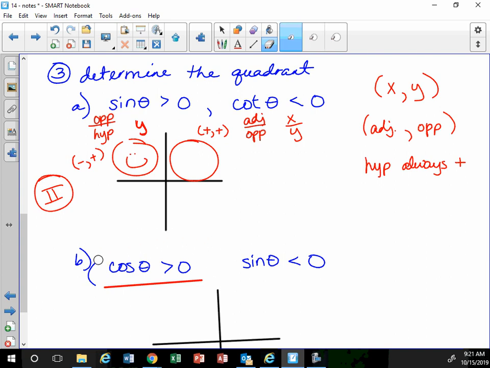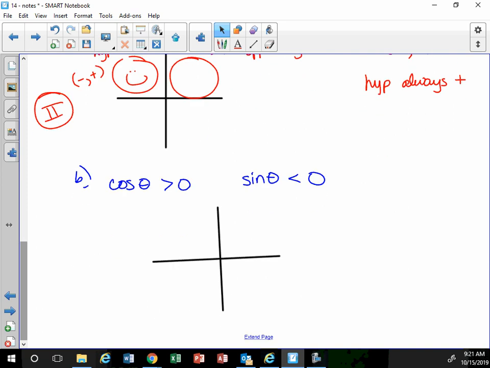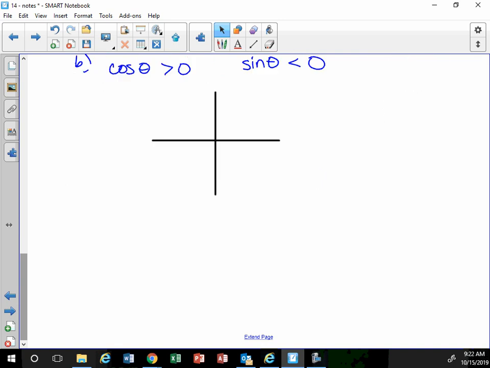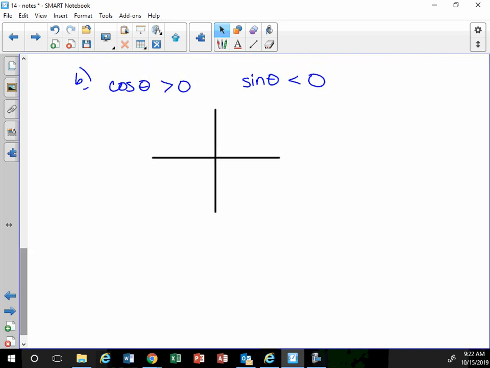All right, so this time I tell you cosine is greater than 0. Sine of theta is less than 0.